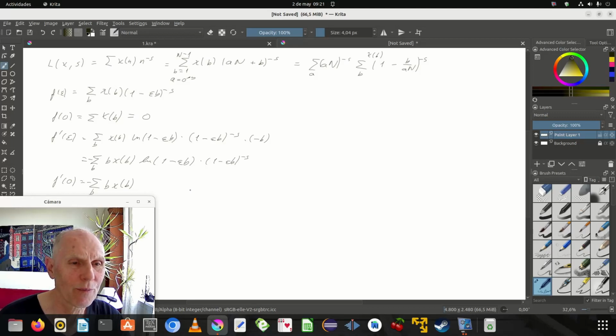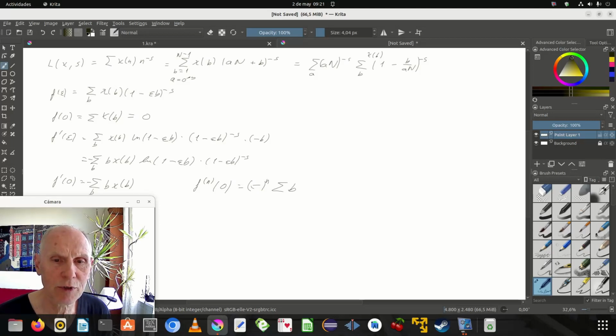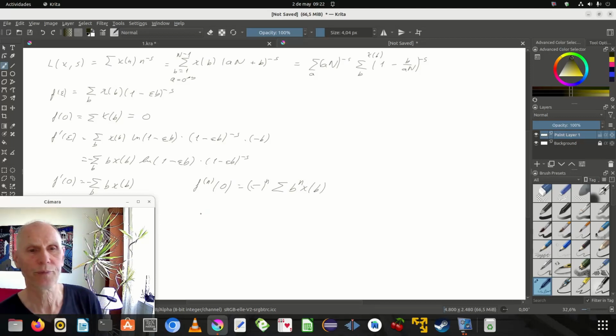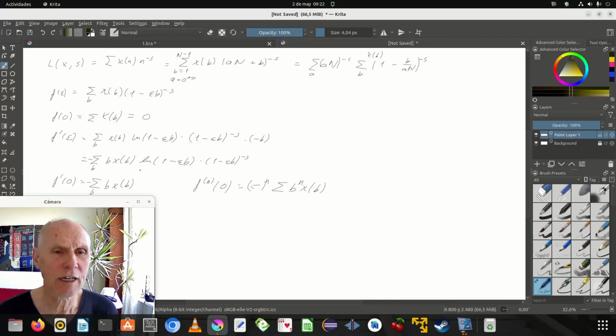Well, I expected something like the nth derivative at naught was minus one to the n times the sum of b to the n chi of b. That's a little intractable.